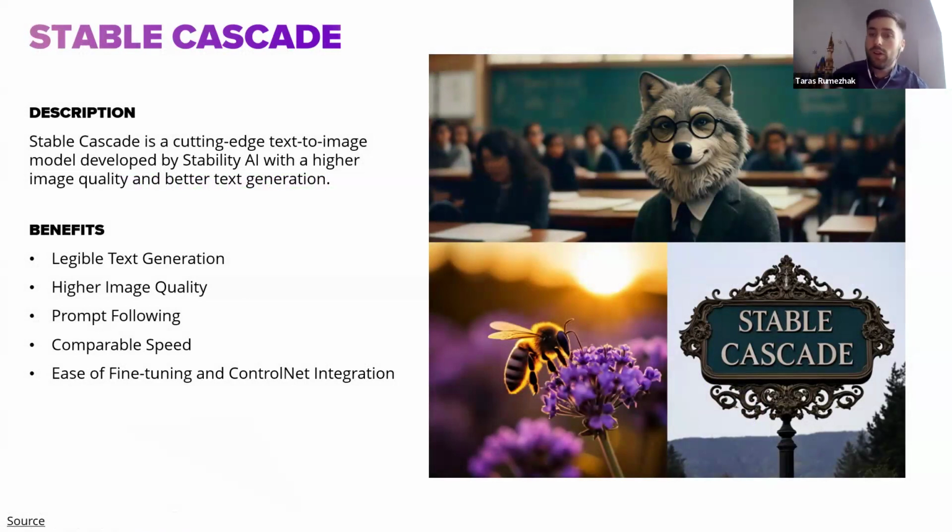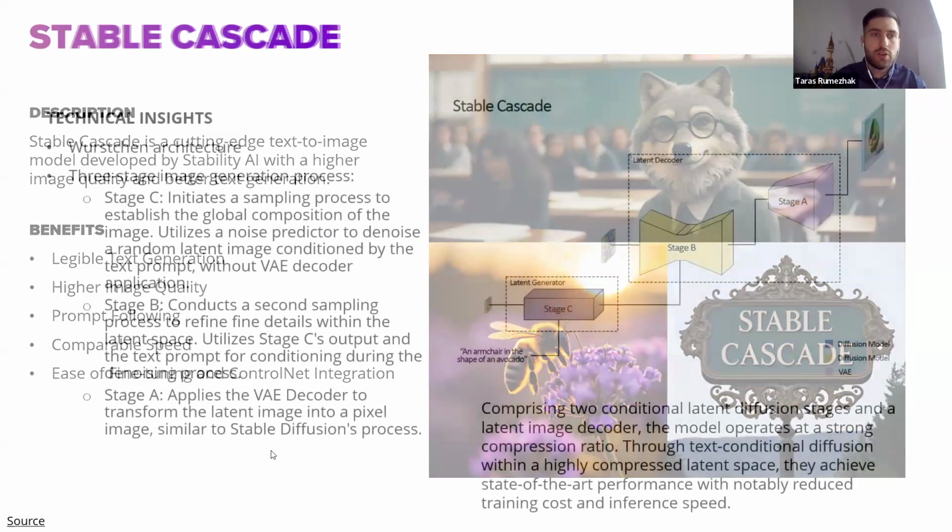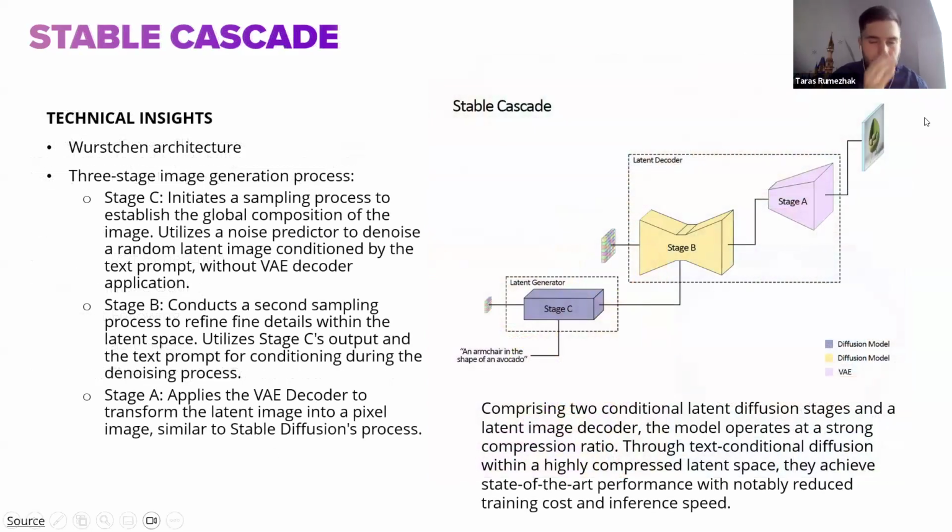The idea is that the quality is better than Stable Diffusion XL, and it has a better text generation, while the speed of inference is comparable to Stable Diffusion XL. And as well, as I mentioned, I really like ControlNet. It's easier to fine tune with ControlNet.